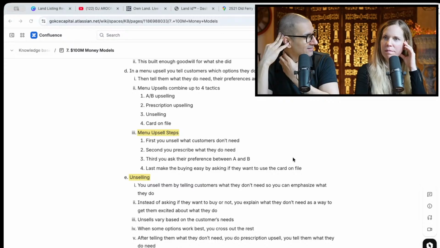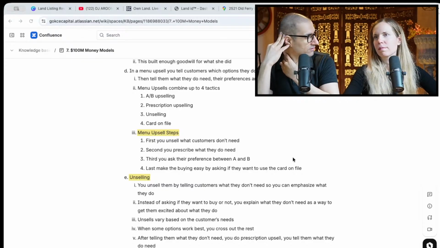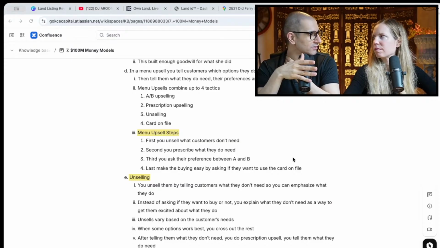It is advanced, but it's also effective, because it just makes sense. Everyone starts with, oh, buy this, buy this. If you start by saying, by the way, you don't need this.